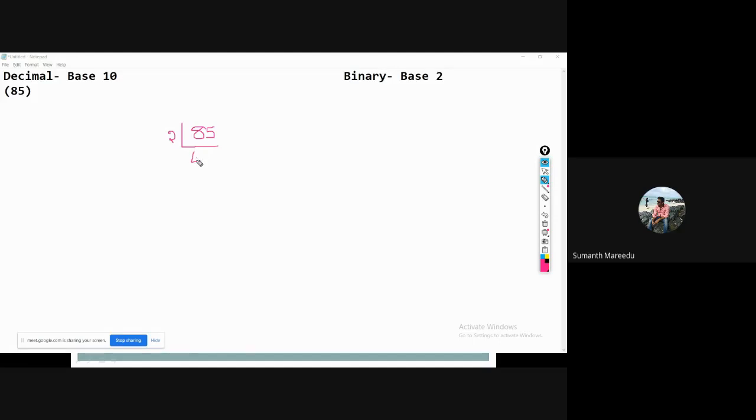So how many times? 42 times. 42 times is 84, and the remainder is 1. Again divide with 2: 21 times, remainder is 1.